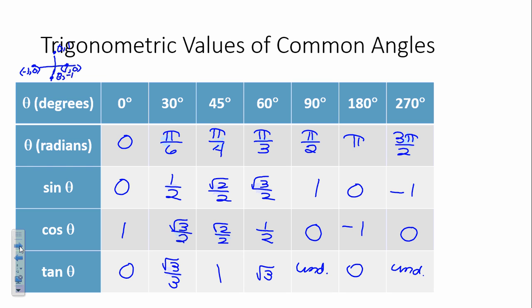We can never divide by 0. 0 over 1 is okay, 1 over 0 is not. Tangent is always the sine over the cosine. Memorize this table, or at least the top 2 rows, and you can derive the rest of them.